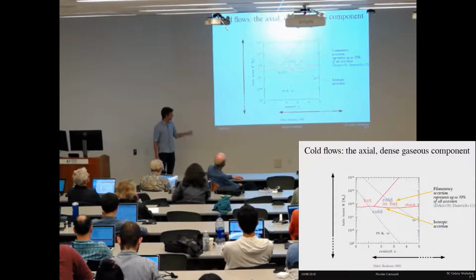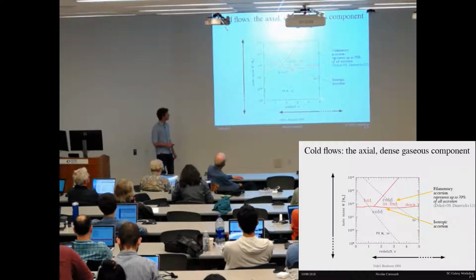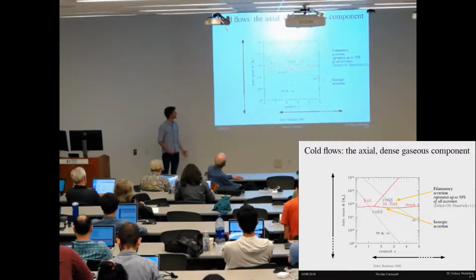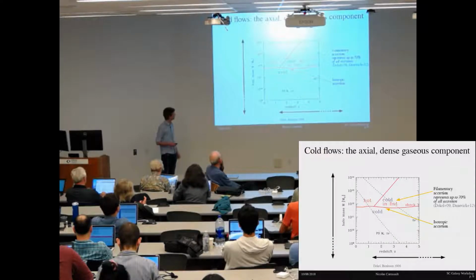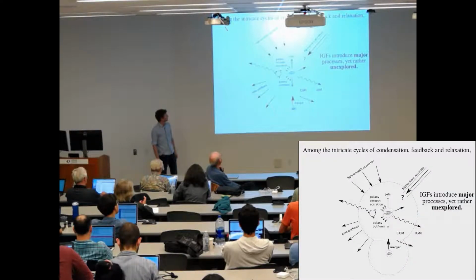Most of you know this picture about the filaments. So in mass of the halo and redshift in this plane, we know that filaments must not be destroyed by a shock at high redshift for high masses, and that they represent up to 70% of the mass acquisition of the halo. So I'll skip on this one.